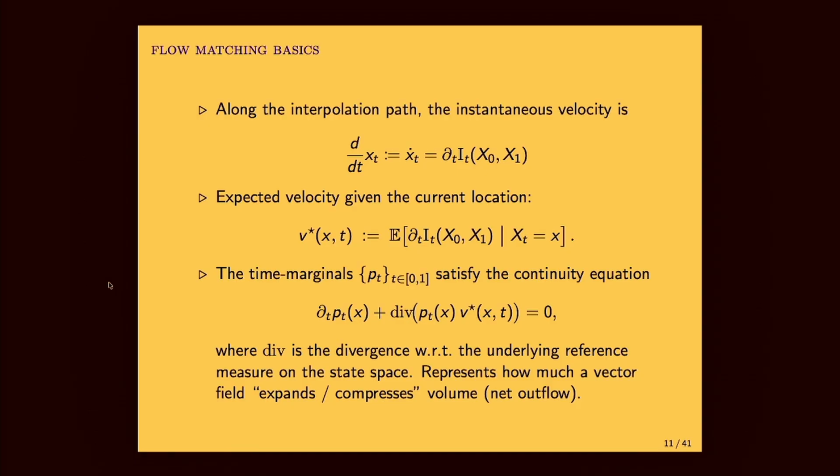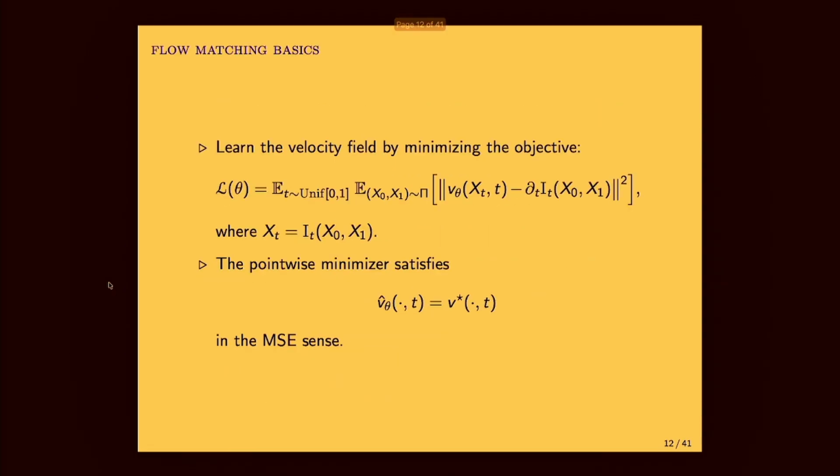And once you have this object, you can have the following continuity equation that relates the velocity field over time to the trajectory p_t over time, right? So they both are related through this continuity equation. And it was also introduced in the talk yesterday on flow maps, right?